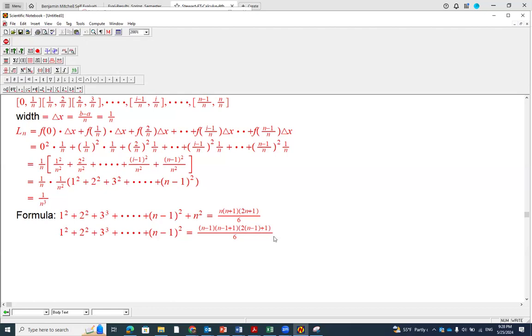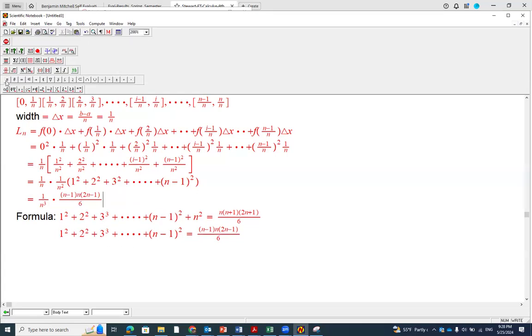And the result would be n minus 1 plus 1, that's going to be n, and 2n minus 2 plus 1, so this part becomes 2n minus 1. So we're going to use this product. This is the sum for the whole of the parentheses. So we're going to take this and put it right here.